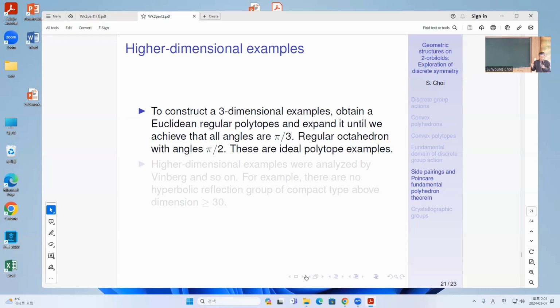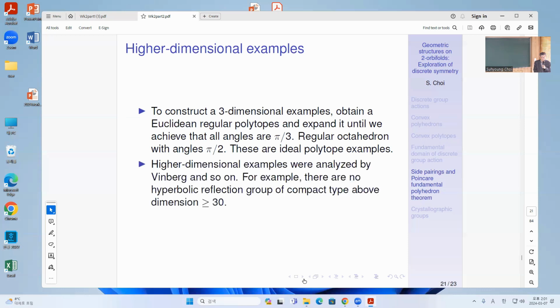As long as you get the edge angles to be submultiples of pi, then you get a reflection group. And there are higher dimensional examples, and of course, he proved that there are no hyperbolic reflection groups of compact type above dimension 30. Of course, there are some remaining questions which are very difficult, which I don't think have too much to do with theory, but some computations will be needed.